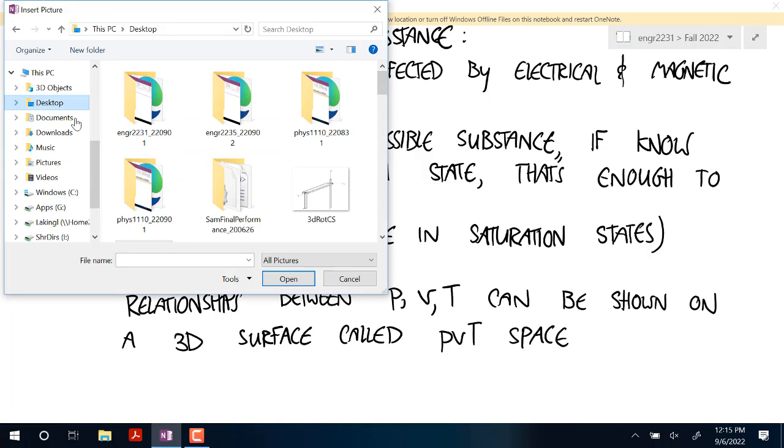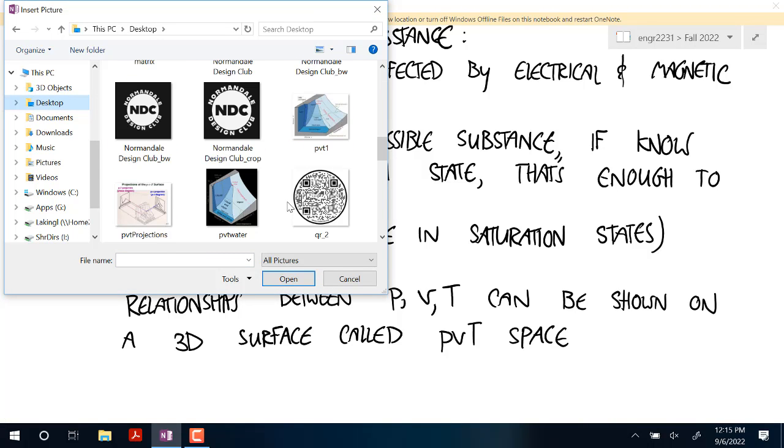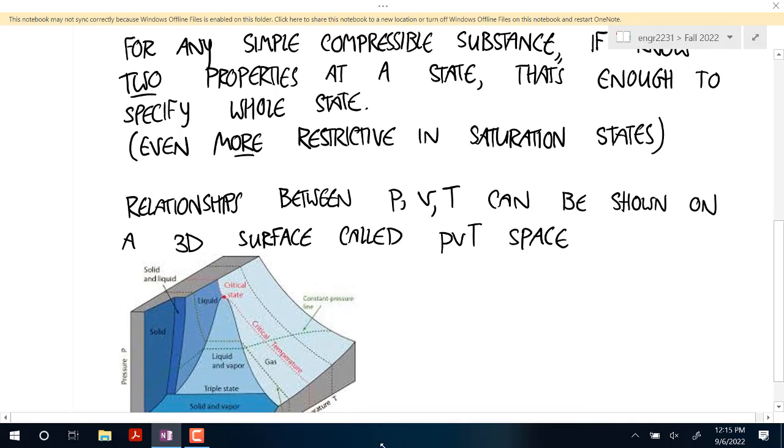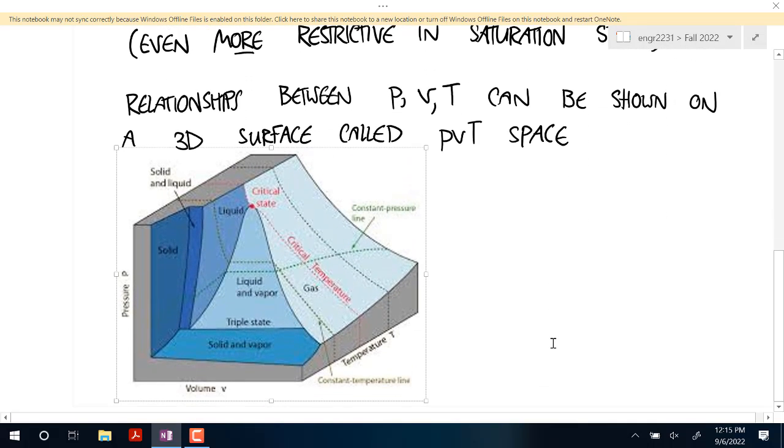So here's the first one. Okay, so this is the general shape of the PVT surface for almost every material.